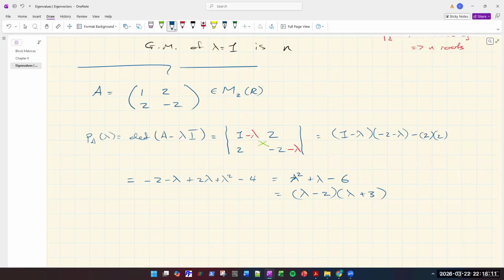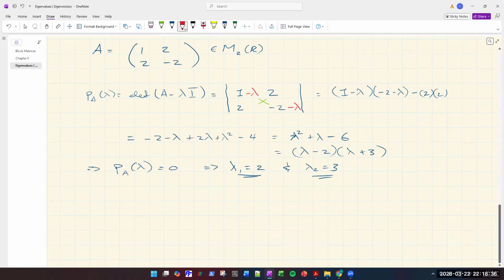Yeah. Okay. So this implies that the roots are when the characteristic polynomial is equal to 0. So the roots are lambda 1 is 2 and lambda 2 is 3. Right? So the eigenvalues are 2 and 3. And how many times are they repeated?